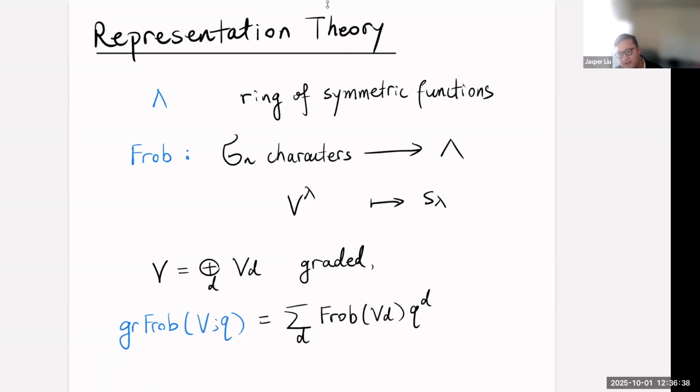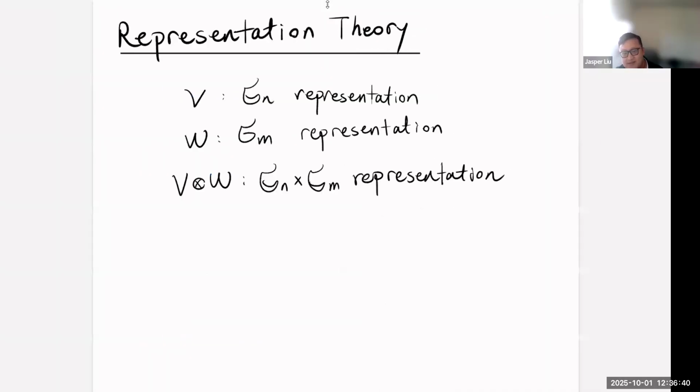And the Frobenius image acts pretty nicely in this sense. So if you have a representation of S_n and a representation of S_m, their tensor product is naturally an S_n cross S_m representation.